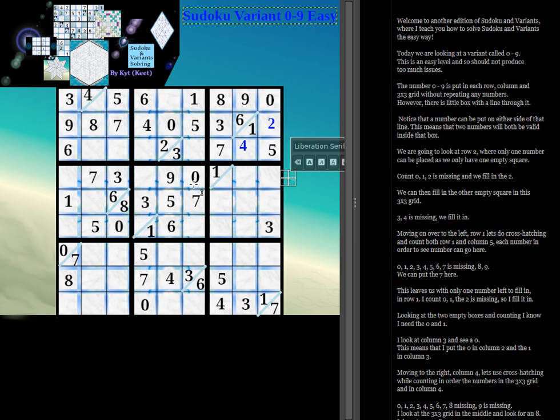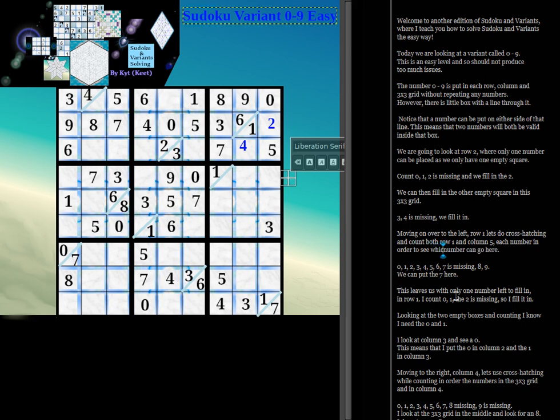Moving on over to the left, row 1, let's do cross hatching. Count both row 1 and column 5, each number in order to see which number can go here. 0, 1, 2, 3, 4, 5, 6, 7 is missing, 8, 9.